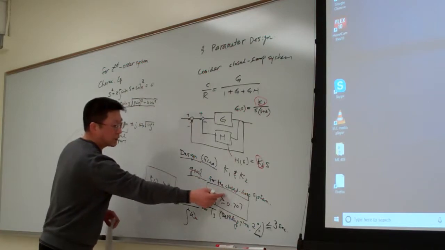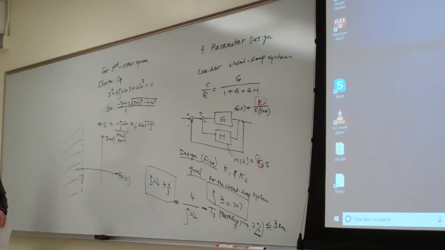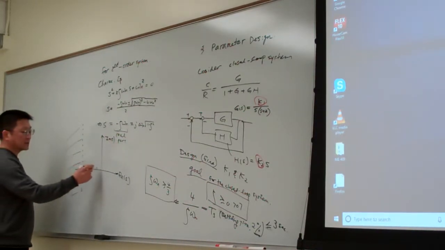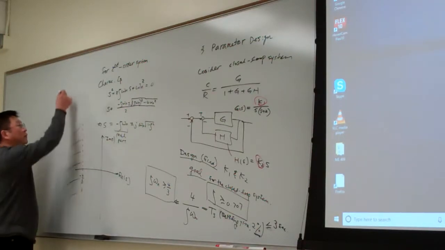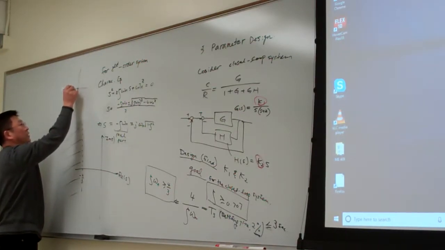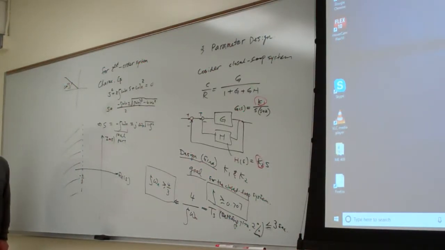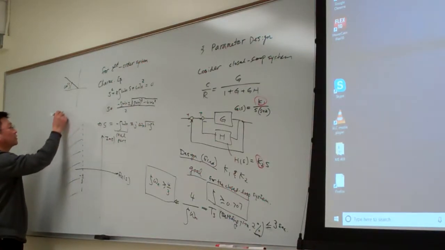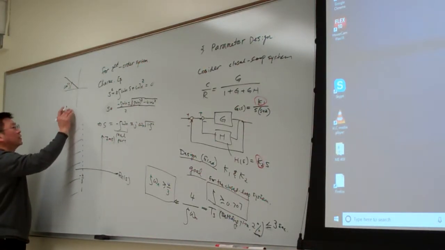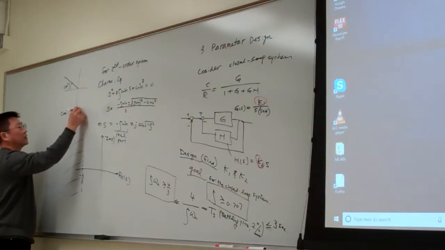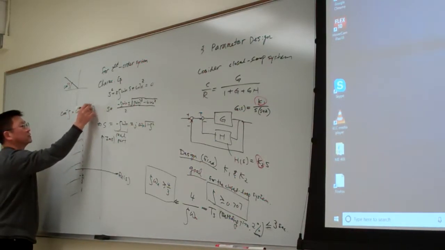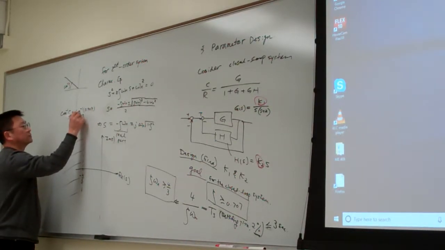Zeta greater than 0.07, so what is zeta? If you remember, this is a complex plane, and this angle is the arccosine of zeta. So here zeta is the cosine of the angle, and this one is 45 degrees.